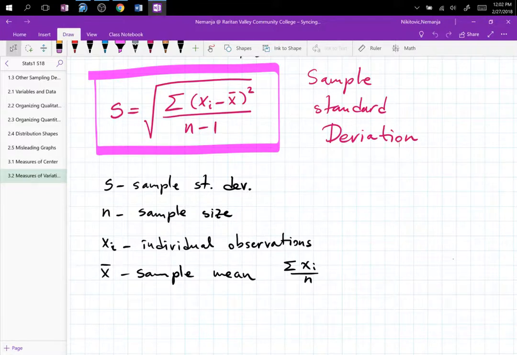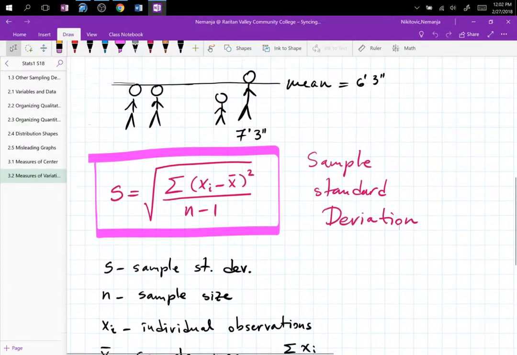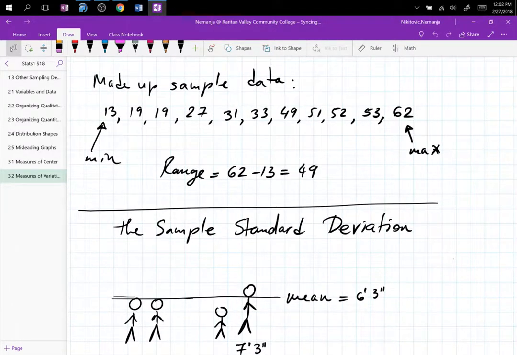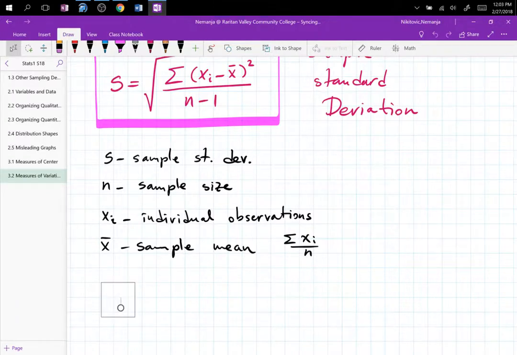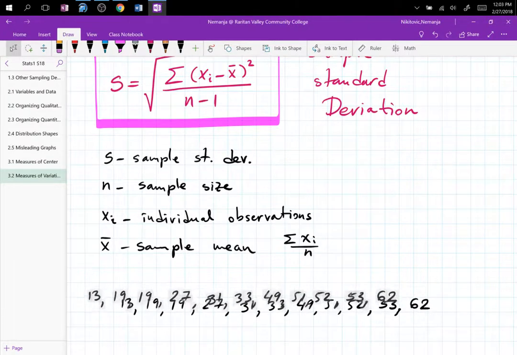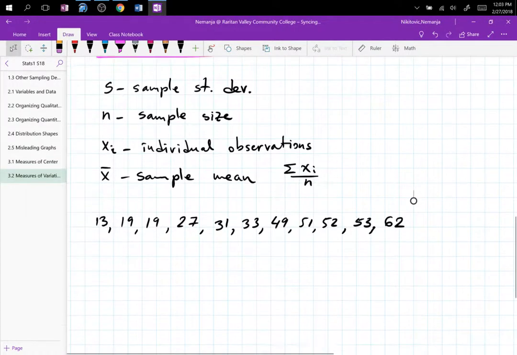So now what we are going to do is compute standard deviation for the data set that we have from before. So this is my made-up data set, and I'm going to compute the standard deviation for it.